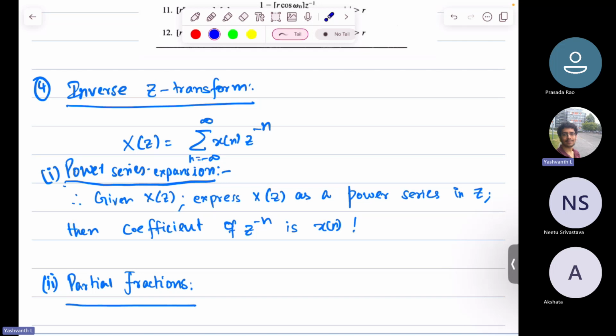The coefficient of z power minus n is basically your time domain signal x of n. Like that, find every coefficient in the power series, and every coefficient will be the time domain sample value for all n. That is the first way to compute the inverse Z transform, that is, to compute your time domain signal x of n given x of z.